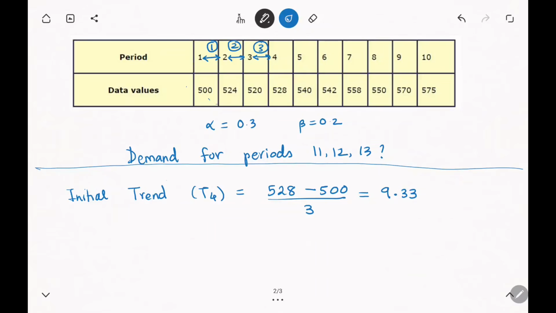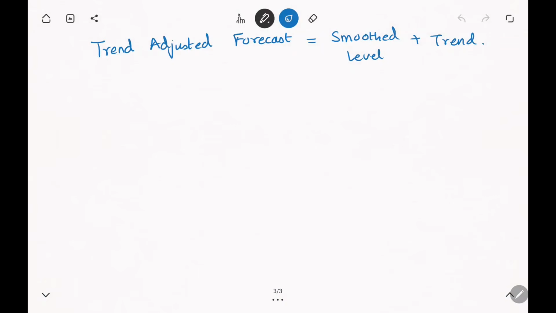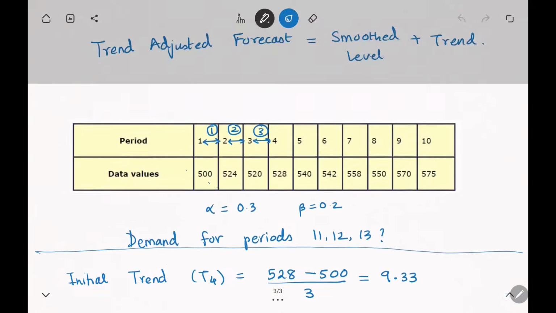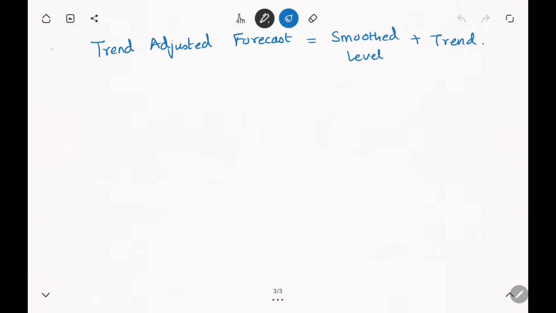Now, to calculate the initial forecast for period 5, we need an initial estimate of level and an initial estimate of trend. Level plus trend gives forecast. This is the backbone of this particular method, double exponential smoothing.